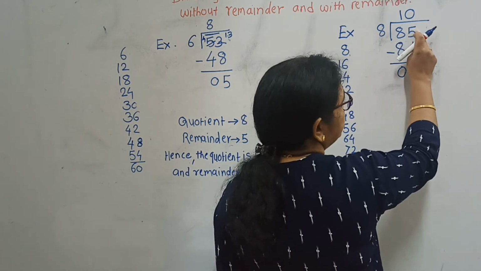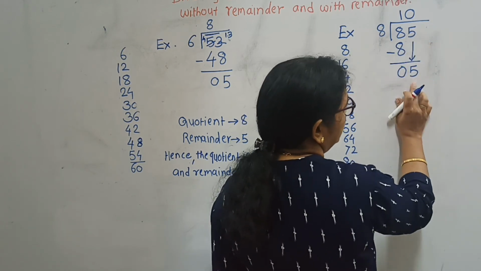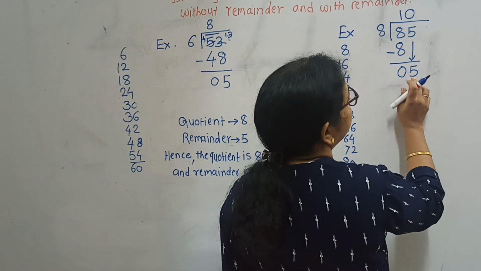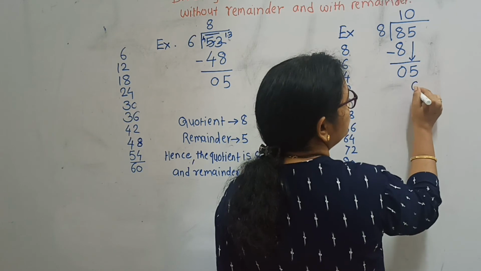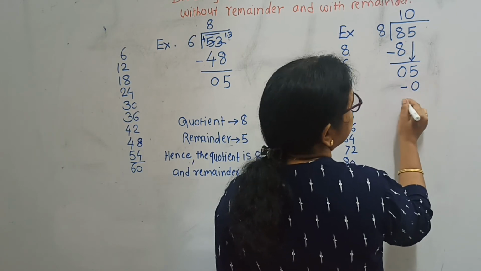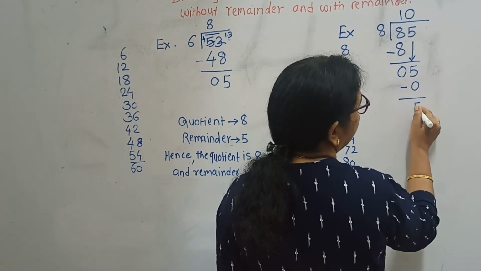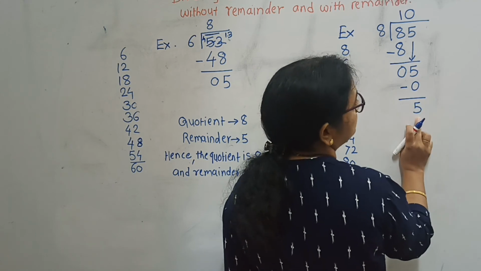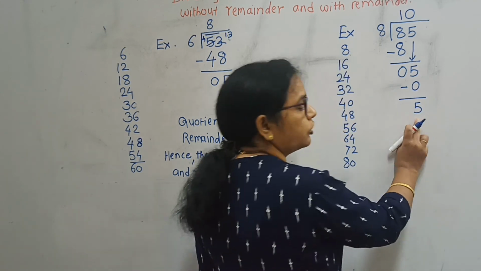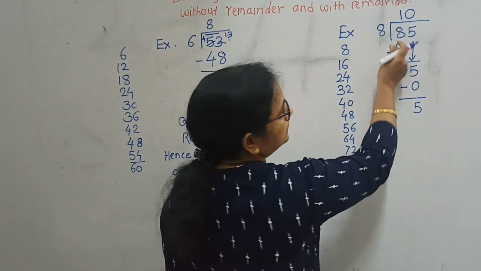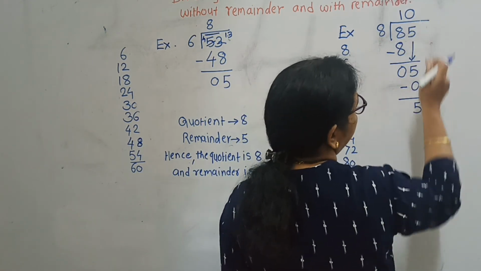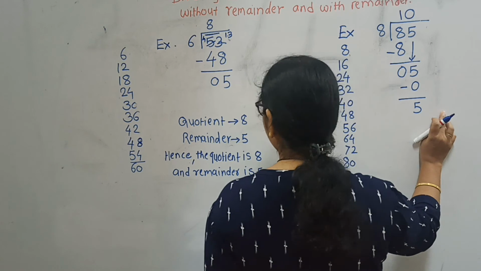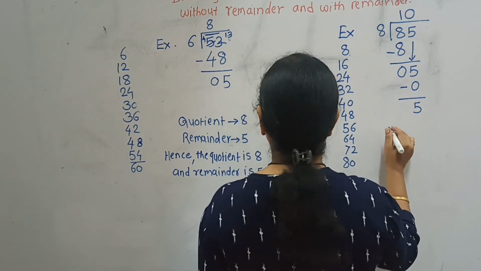In the ones place 5 is there, and we take this 5 down. So we have to divide this. 8 zeros are 0. Then 5 minus 0 is equal to 5. Then you can stop here. Yes. So here is quotient 10 and remainder 5.